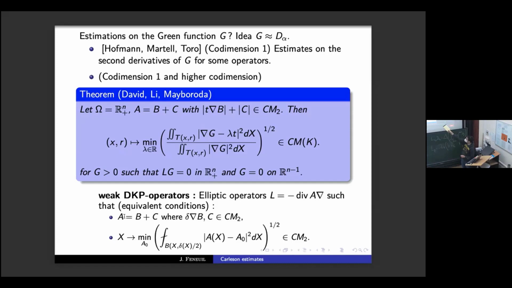So you compute the gradient of G minus lambda times the vertical unit gradient of t. And this is a Carleson measure condition.